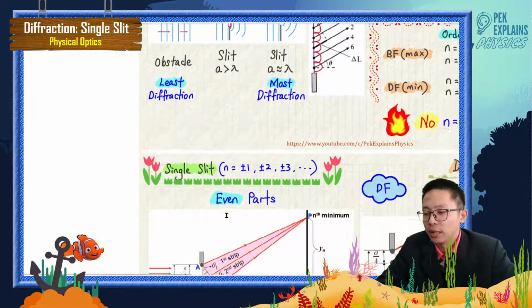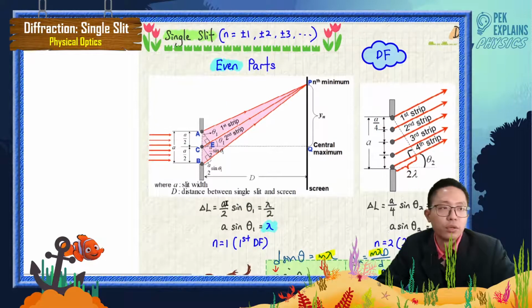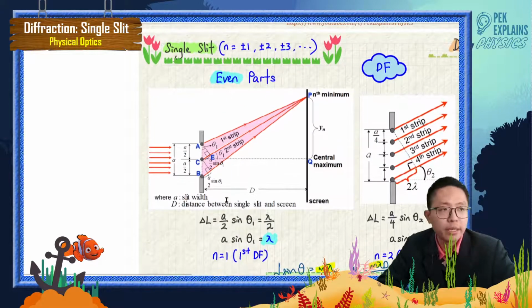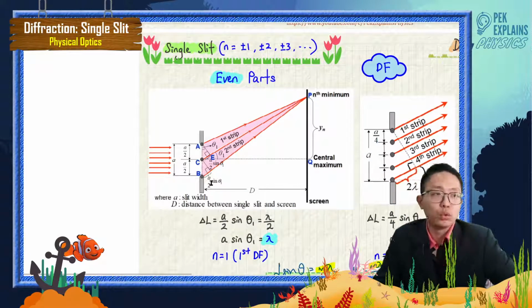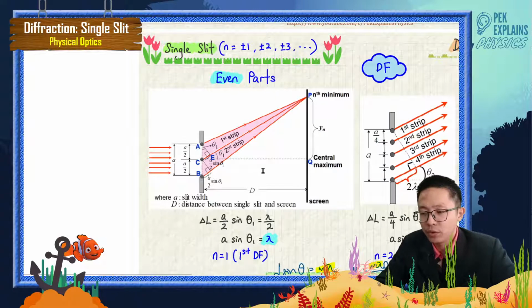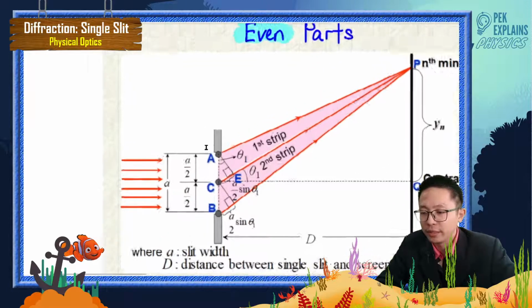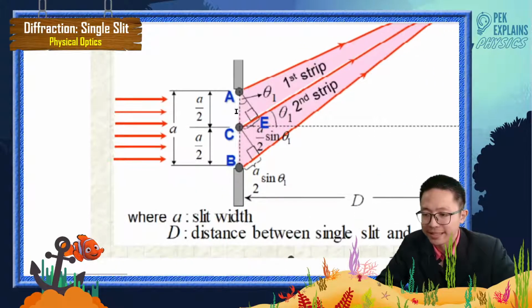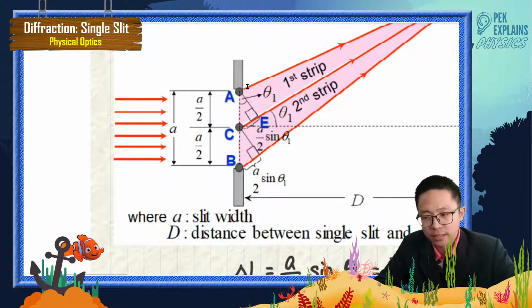So let's look at this one. To begin, we need to divide into parts to see each point. As you can see here, there is a single slit.